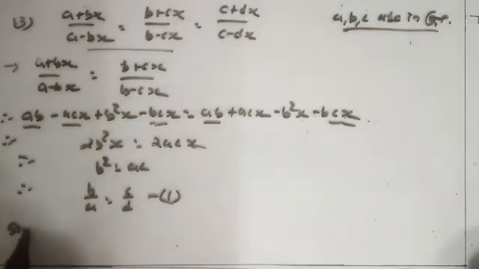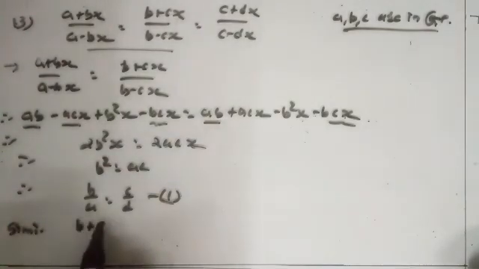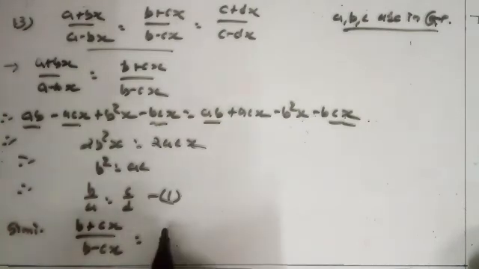Similarly, from the last two, b plus cx upon b minus cx is equal to c plus dx upon c minus dx.